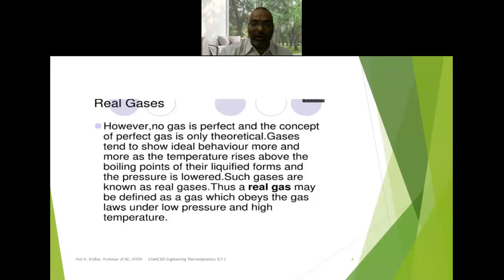That is, at lower pressures and at elevated temperatures, a gas will behave like an ideal gas. So what will happen at zero pressure and at elevated temperature? That is very important.